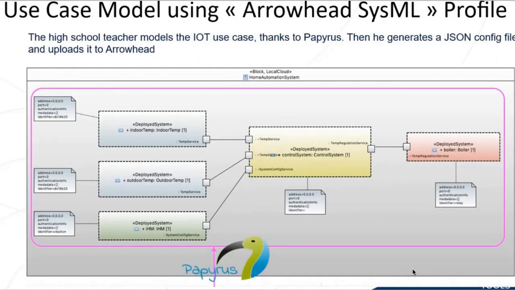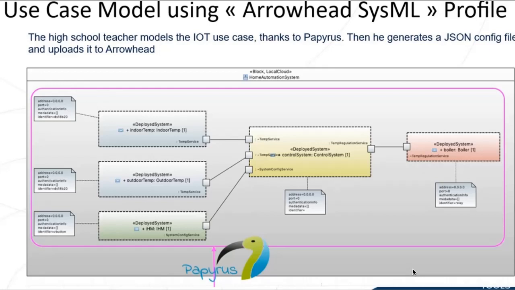Here you can see the model of a use case, which is a simple home automation system. This model has been designed in Papyrus using the SysML modeling language and the Arrowhead SysML profile.